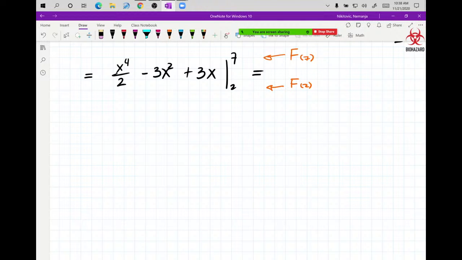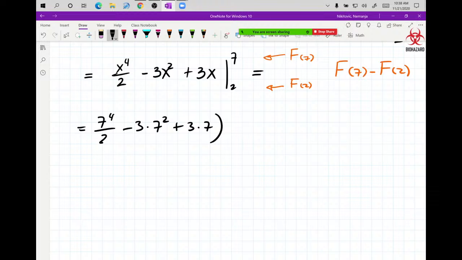So that's going to be f of 7 minus f of 2. Oh, well, that's easy. That's 7 to the 4th over 2 minus 3 times 7 squared plus 3 times 7. That's my f of 7 minus f of 2. Okay, 2 to the 4th over 2 minus 3 times 2 squared plus 3 times 2.